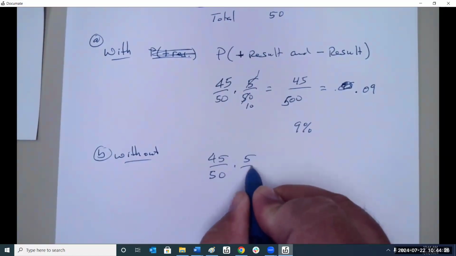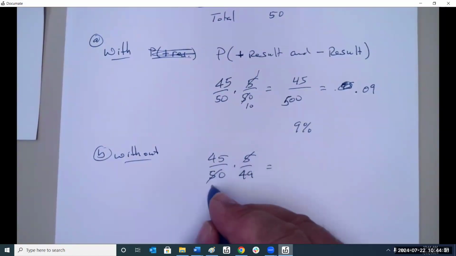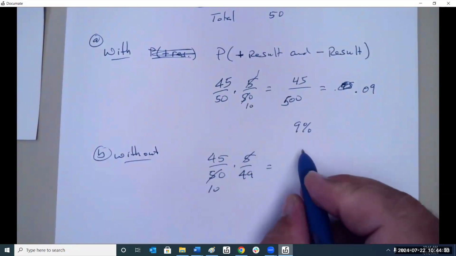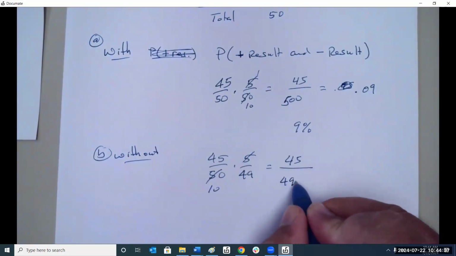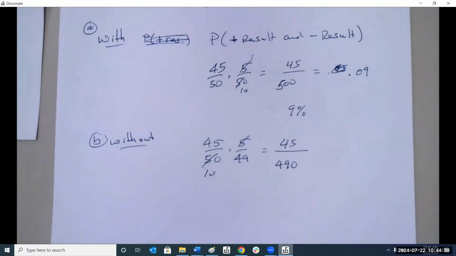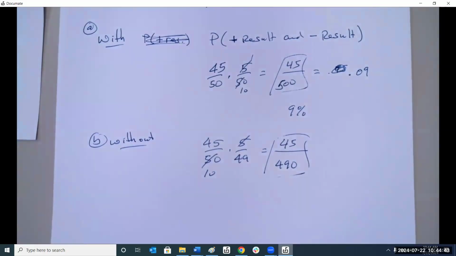Very good. And 5/49. So we have 45/490. This was 45/500. This is 45/490.